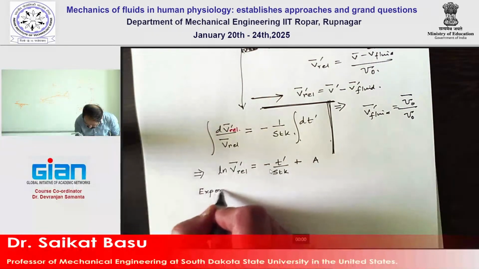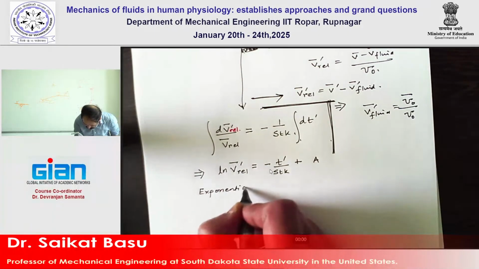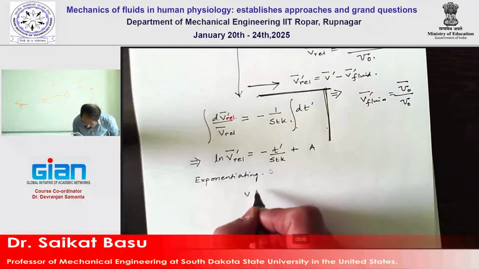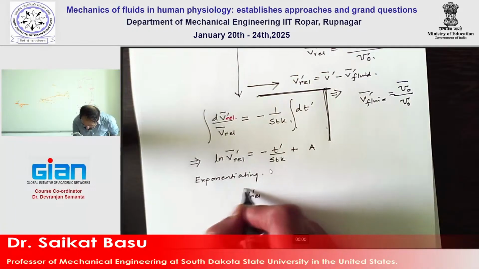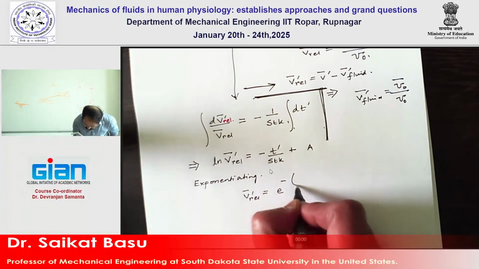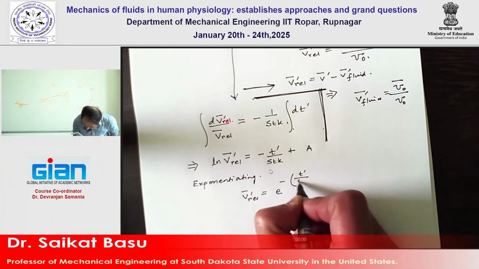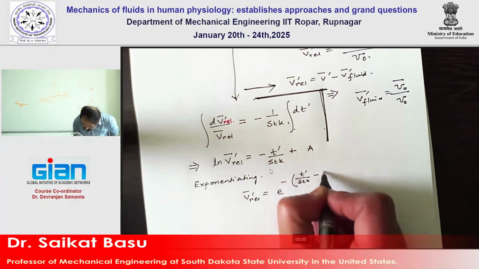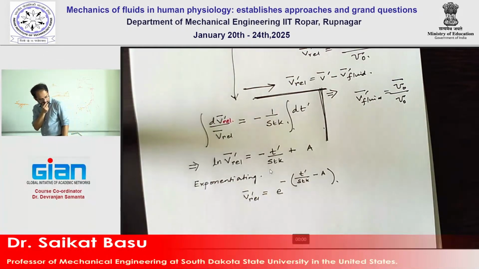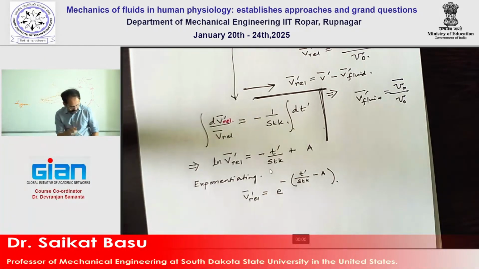So exponentiating, we have v relative prime is equal to e to the power of minus t prime over Stk minus a. Okay?